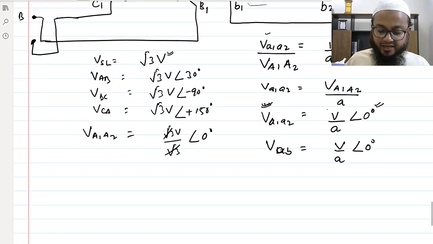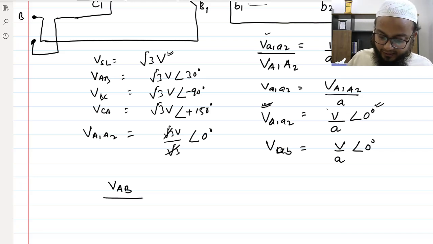So if we want to find the line voltage here, let's say the transformation ratio of the line voltages of the primary side and the secondary side. So primary side line voltage VAB upon the secondary side line voltage vab.